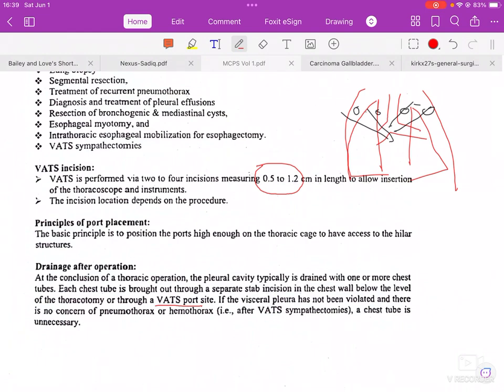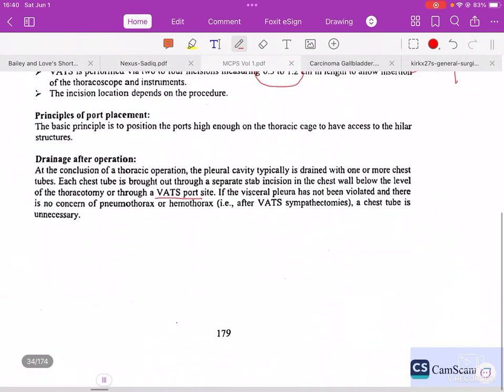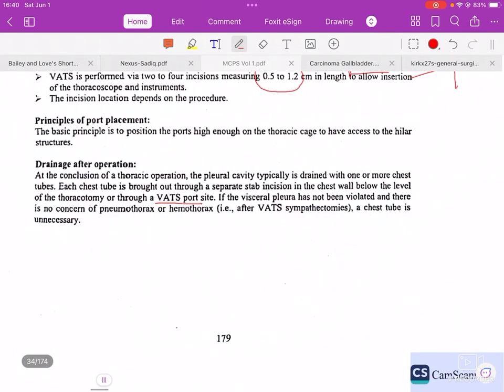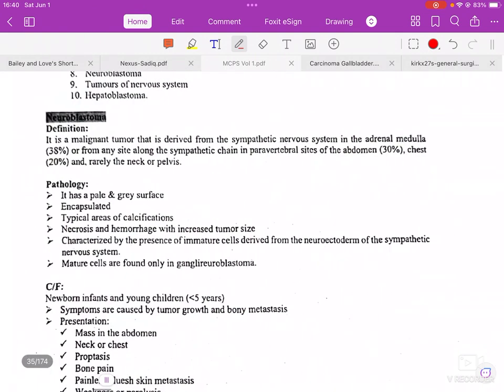If the visceral pleura has not been violated and there is no concern of pneumothorax or hemothorax, after VATS sympathectomies a chest tube is unnecessary, so we don't need to insert an unnecessary chest tube in the thoracic cavity. This is our motto here in VATS. So that is the end of this VATS thoracoscopic procedure.